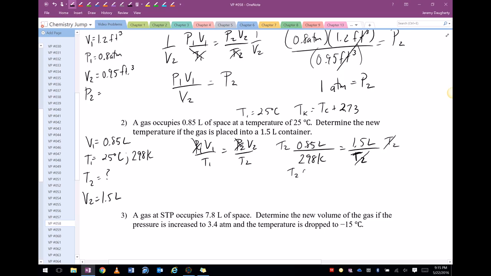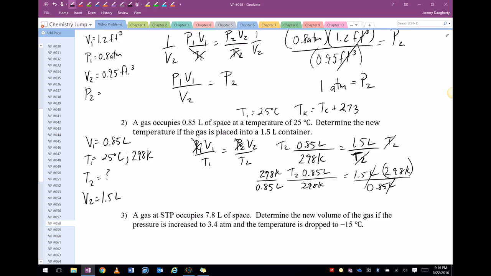So I end up with T2 times 0.85 liters all over 298 Kelvin is equal to 1.5 liters, and then I'm going to multiply by 298 and divide by 0.85 on both sides. So that's 298 Kelvin on top, and getting rid of 0.85 liters on the bottom, so liters cancel out. I've got 1.5 times 298 divided by 0.85.